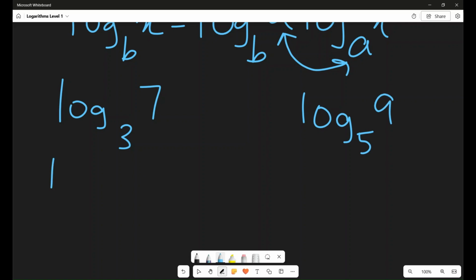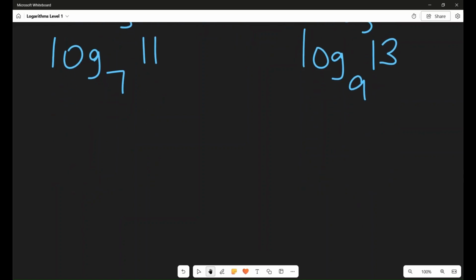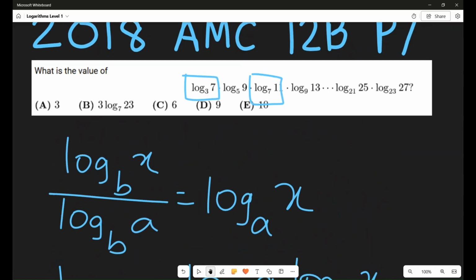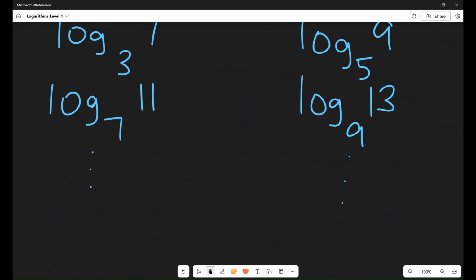Log base 5 of 9, log base 7 of 11, log base 9 of 13, and so on and so forth until our second to last term is log base 21 of 25.